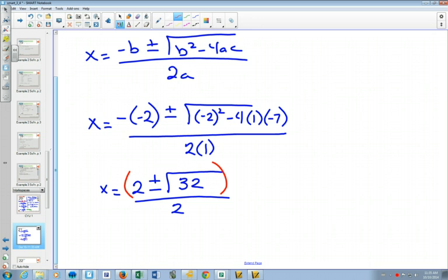Here's a good example why. Is 2 plus 8 divided by 2 equal to 8? What is it equal to? 5. You can't just cancel out those 2's because order of operations says you first have to add. 2 plus 8 is 10, then divide by 2.